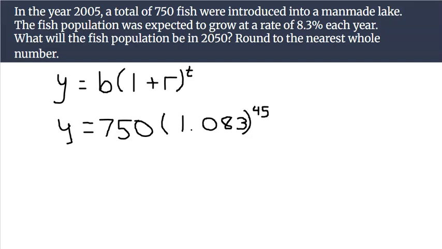If we substitute that into our calculator, make sure your calculator has parentheses and an exponent ability, rounded to the nearest whole number, the fish population should be approximately 27,123.